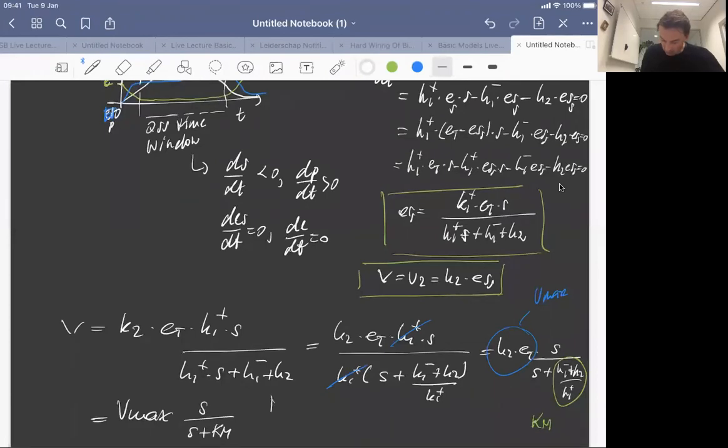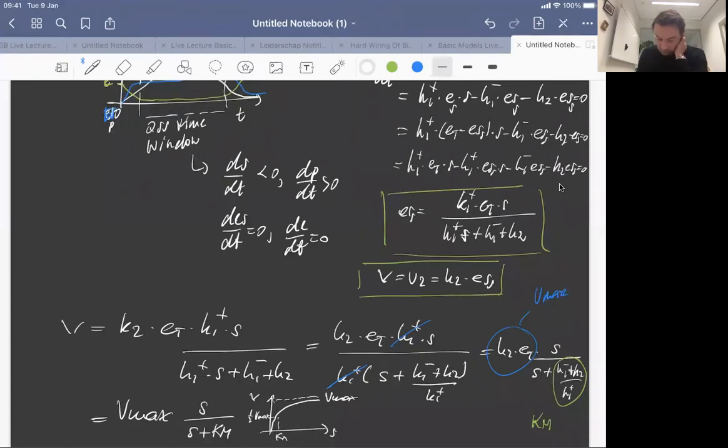Now, if I plot the relationship between V and S, you will see it's hyperbolic. For very large concentrations of S that are much greater than the Km, V equals Vmax. And where S equals Km, we have half Vmax.